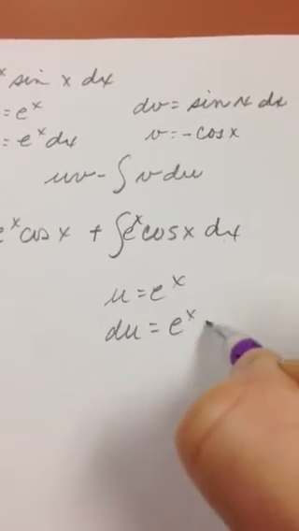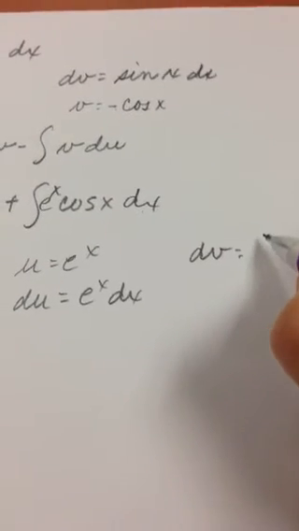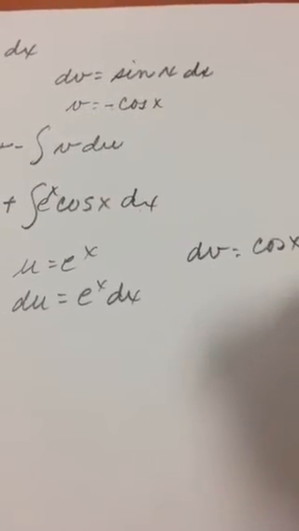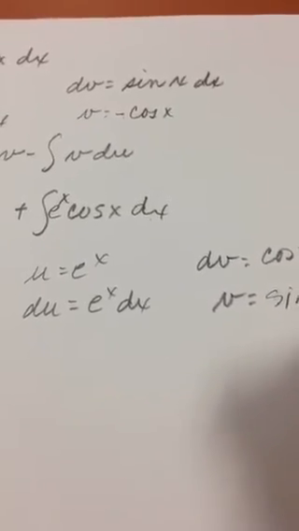du is e to the x dx. dv is equal to cosine of x dx. So v is sine of x.